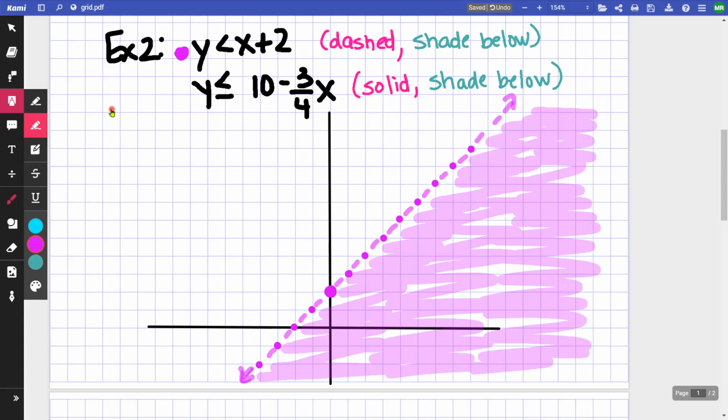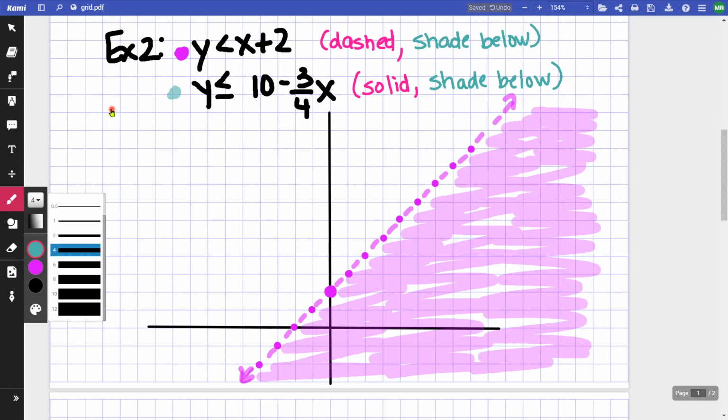Now for the other one, I'm going to do that one in teal again. I'm going to be starting at 10. So that's 2, 3, 4, 5, 6, 7, 8, 9, 10. And then I'm going to be going down 1, 2, 3 to the right 1, 2, 3, 4, down 1, 2, 3 to the right 1, 2, 3, 4, and so forth.